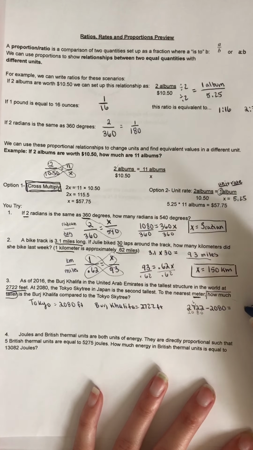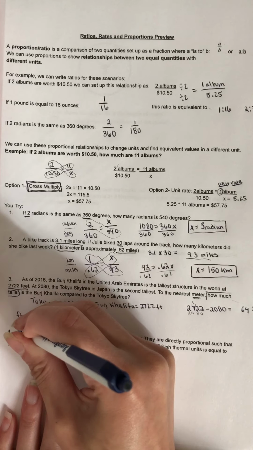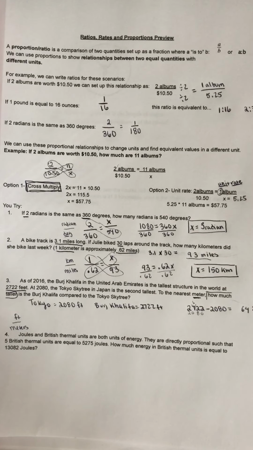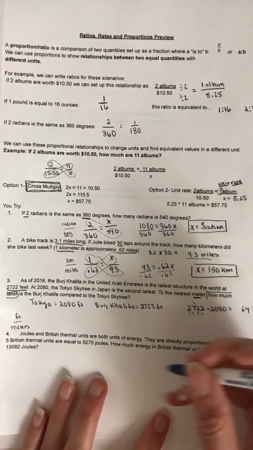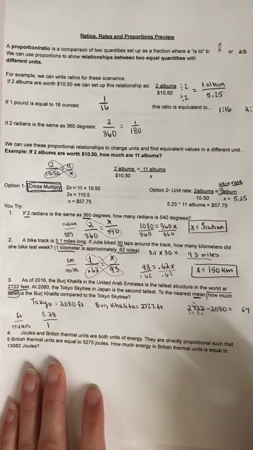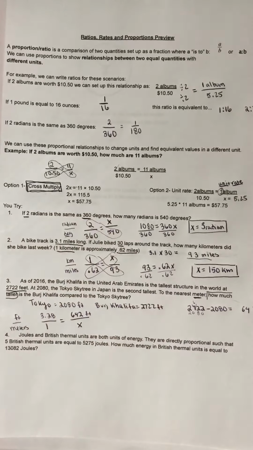And now we need our proportion because we need to go from feet to meters. And now I'm going to look that up. It's about 3.28 feet to a meter, so 3.28 feet to 1 meter. And now I know I have 642 feet, and the question is, how many meters is that?